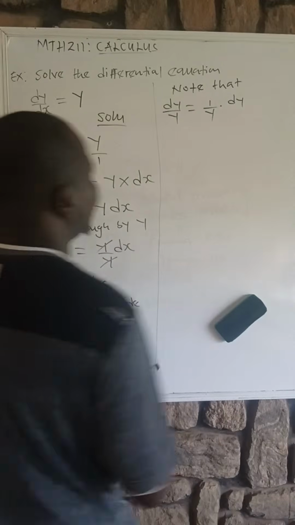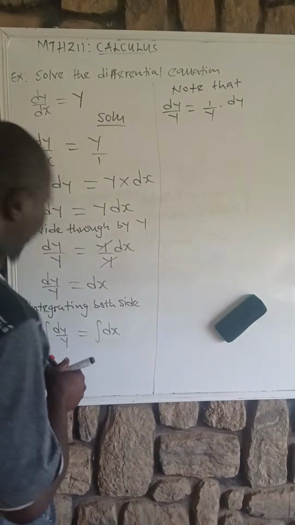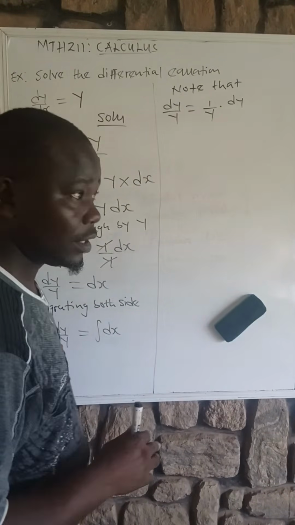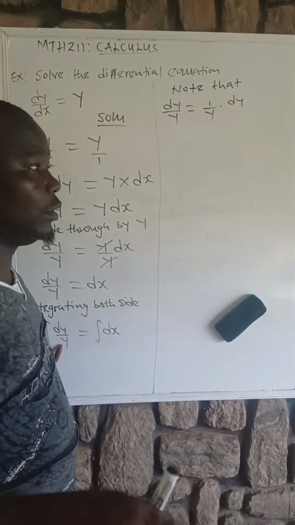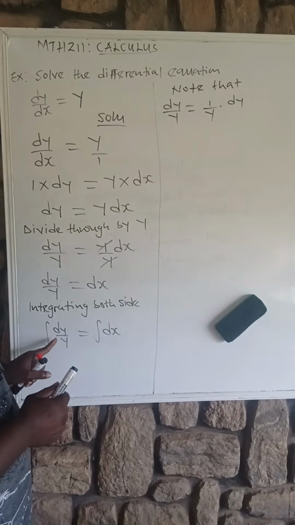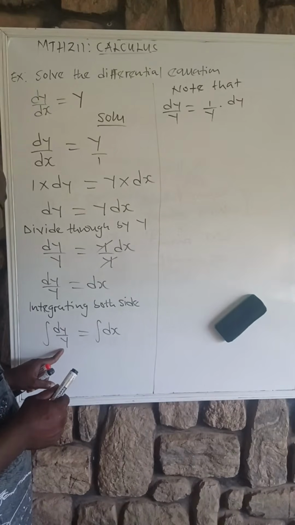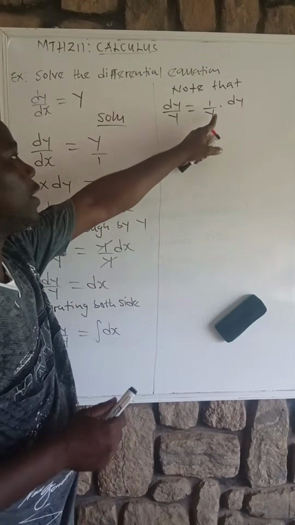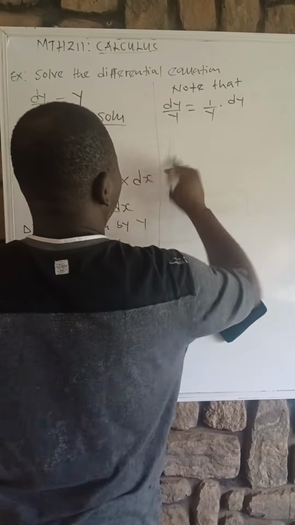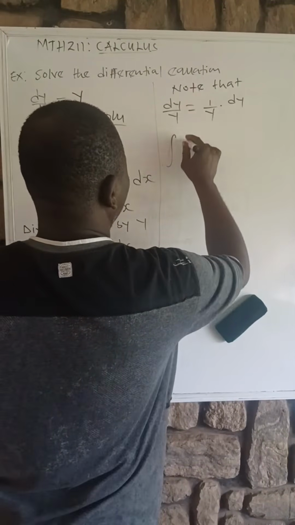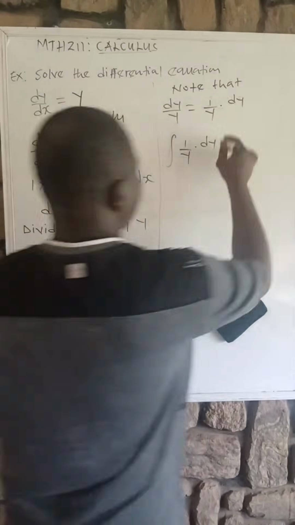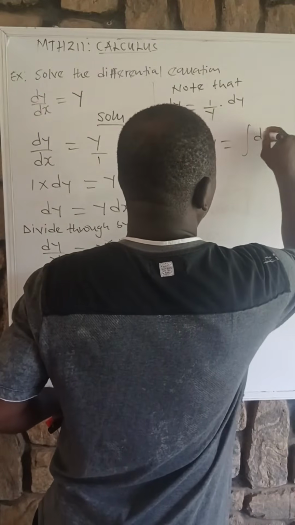If we integrate the left hand side, we are going to integrate it straight, right? We are not going to have k1 and k2. So integral of dy all over y is the same thing as, let me write the integral like a mathematician, the integral of 1 all over y dy, which equals the integral of dx.